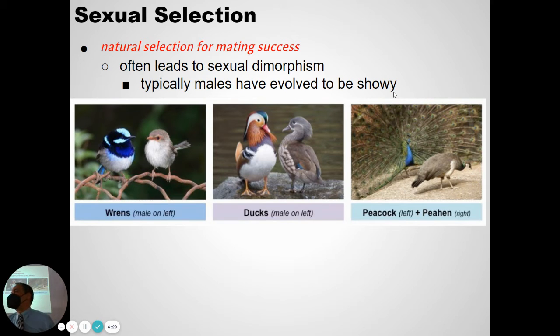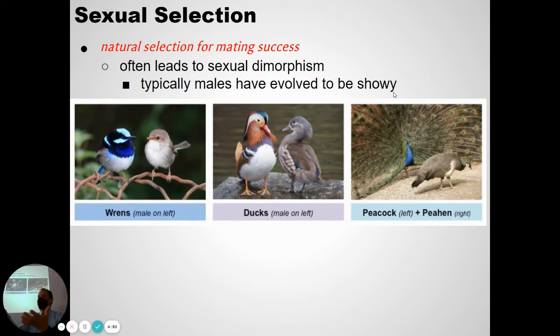How's that helpful? Yeah, often in many of these species, the females are either incubating eggs or caring for young. And in those situations, it's more of an advantage to blend in and avoid predators.